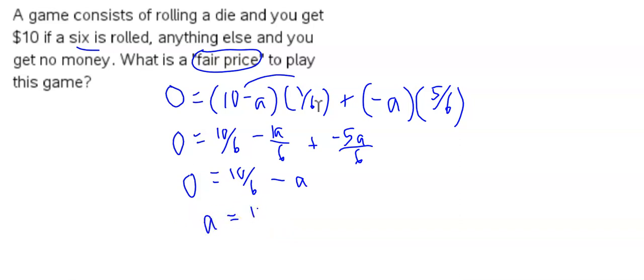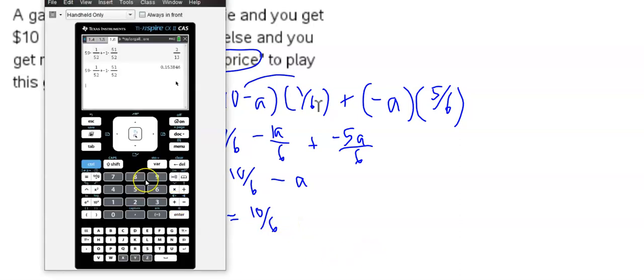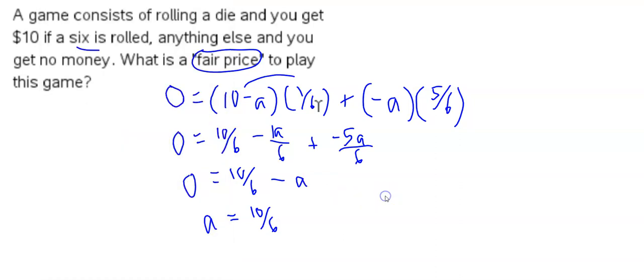A equals 10/6. Let's see, what is 10/6? If you do 10 divided by 6, if you put a decimal in there, that will give you a decimal answer, $1.67. So the amount you should charge is approximately $1.67. And that would be a fair price to play this game. And what that means is you're not going to lose or win.